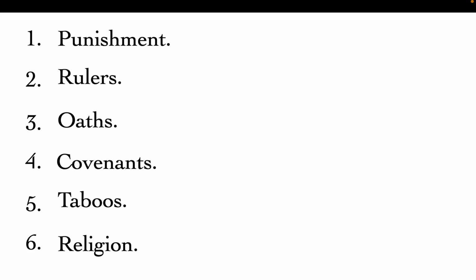We also have number 5, taboos. Observing of taboos also is one of the practices that promotes law, order, and justice in the traditional African society. Because taboos in the traditional society are supposed to be observed by everybody. And if anyone goes against them, they face a severe punishment.